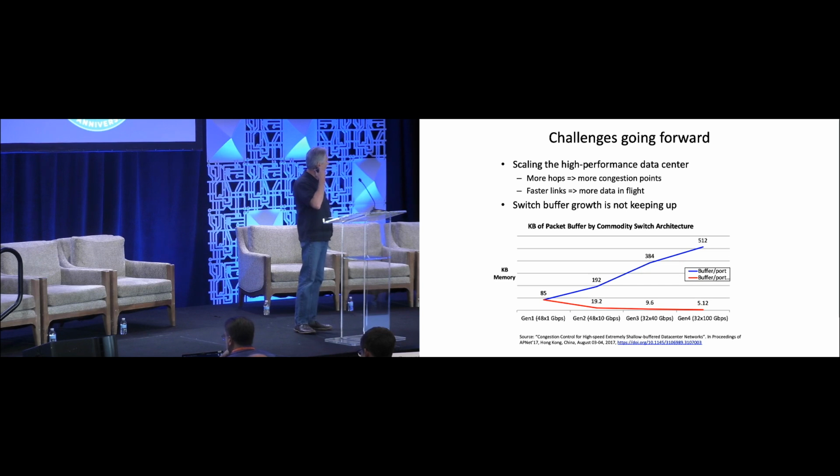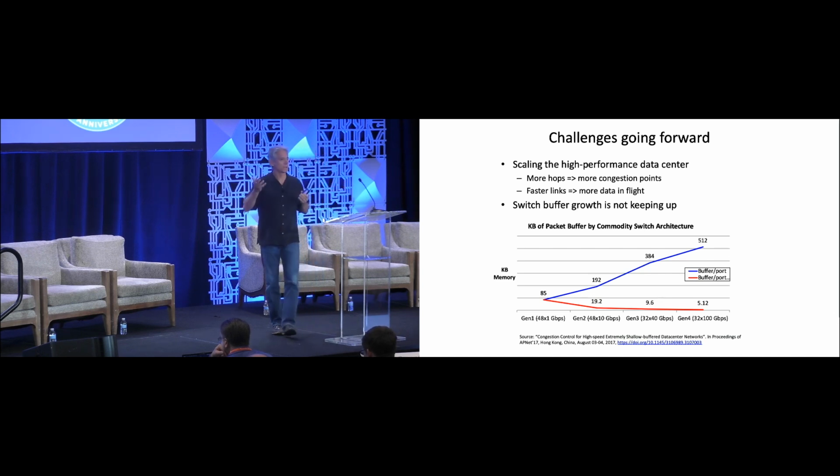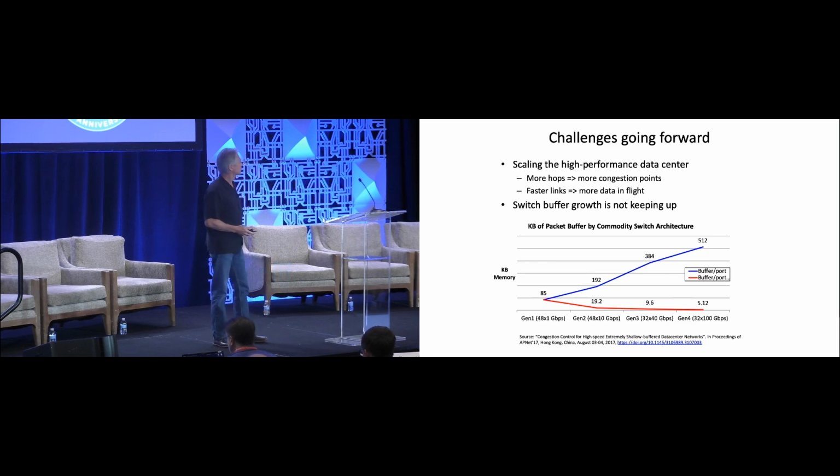As we talk about, we want to scale the network, so we're going to have more hops, which means there's more data in flight. But at the same time, we're speeding up the links. We're going to 100 gig, and now there's 400 gig switch ports available. So there's a ton of data in flight, but the amount of memory per packet, per port, per gigabit is actually going down.